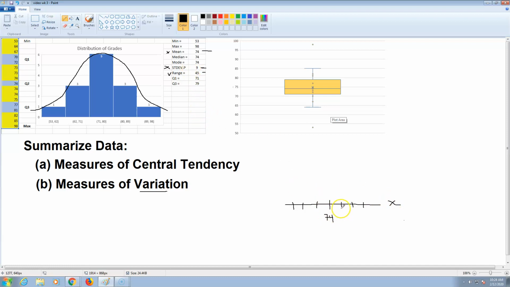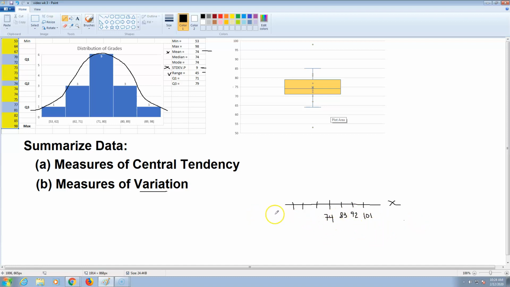So the next mark is going to be 83, because 74 plus 9 is 83. If I add 9 more to 83, I get 92. And if I add 9 more to 92, I get 101. Those are the numbers I put to the right.